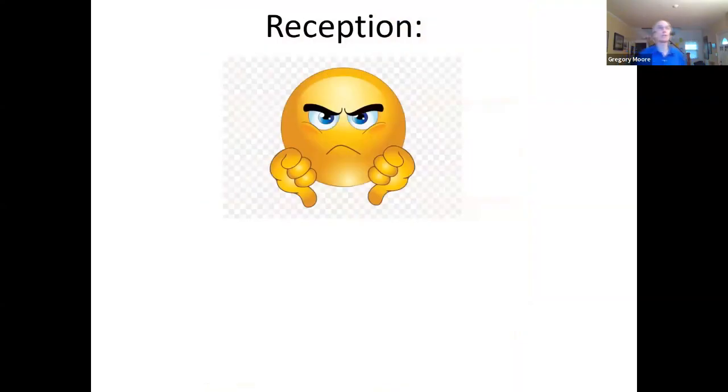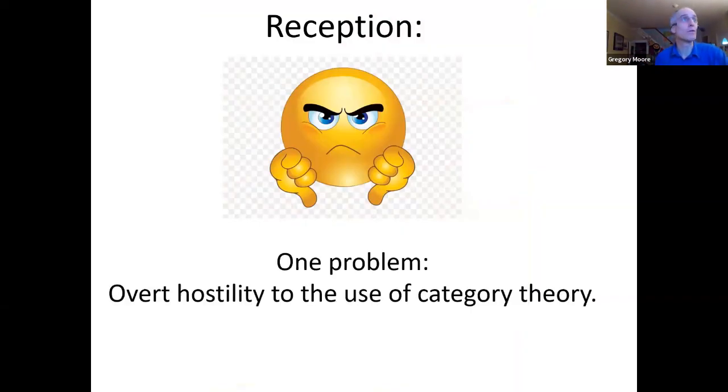Now, unfortunately, the reception of that talk was pretty negative. And I wish there were a video of that talk so we could see what the problems were, what I did wrong. But clearly one problem was overt hostility to the use of category theory. You see, at that meeting, some incredible new results were coming in about matrix models and two-dimensional quantum gravity.